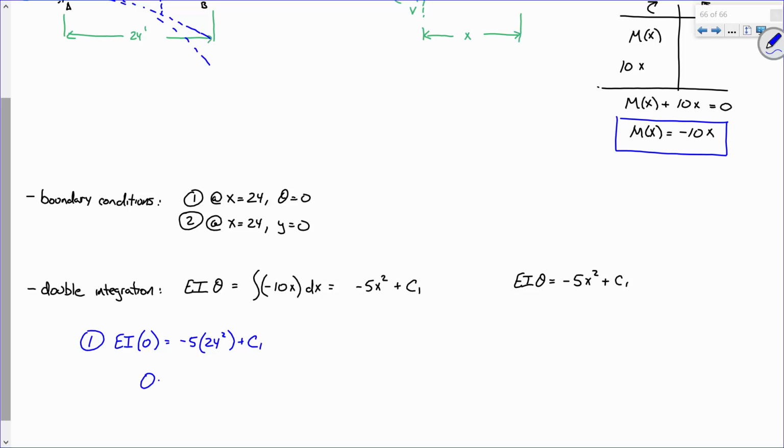So 0 equals C1 minus, what's 24 squared times 5? That's what the calculator's for. So it's 120 times 24, 2880. So that's 2880.